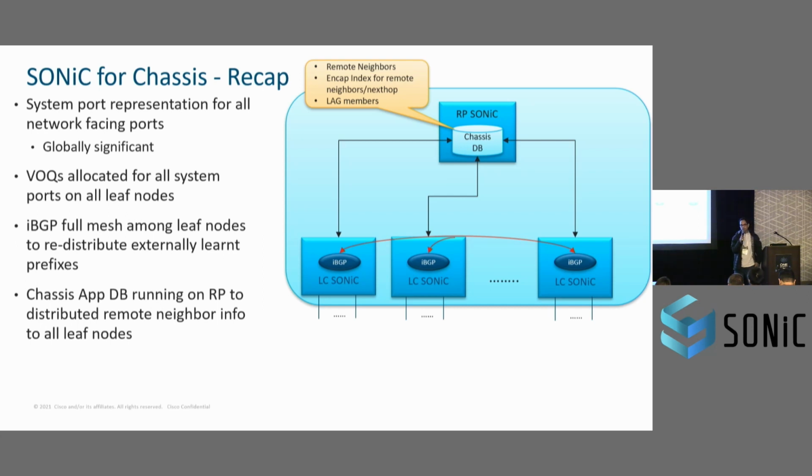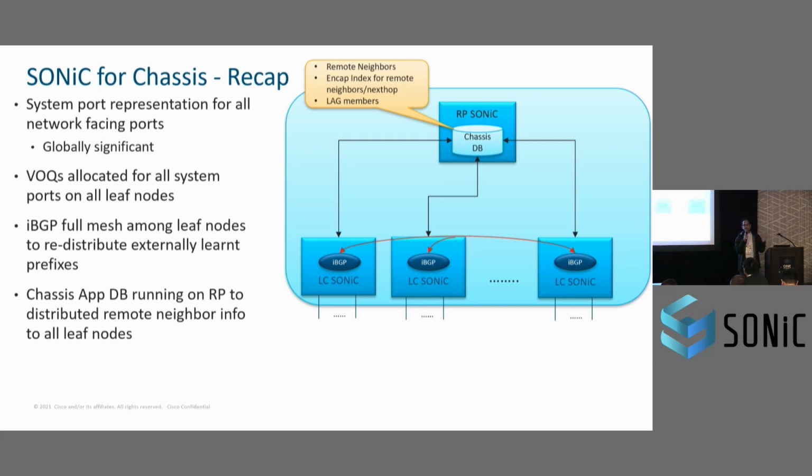There's also a bunch of state that is exchanged through standard routing protocols like IBGP, especially when they want to exchange the external prefixes that are learned on each line card instance. And because of the convenience that a chassis brings, where there is already a supervisor running SONiC, a very good design choice at that time for the chassis was to instantiate a chassis-wide database.